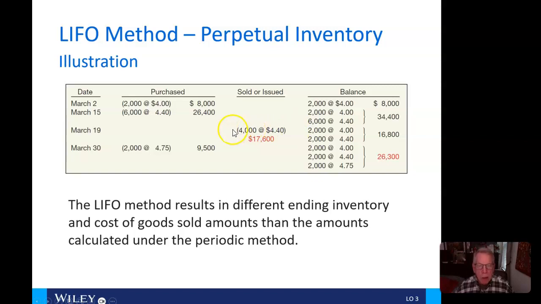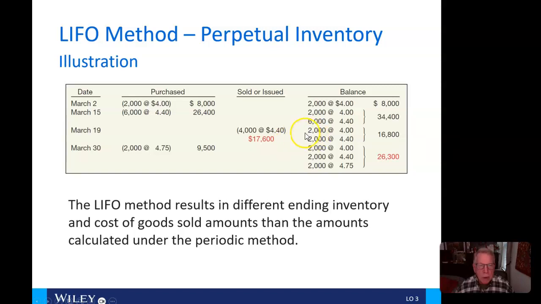But now when we sell these 4,000 units, we're going to sell from the bottom up. So we'll take all of that 4,000 units from the 6,000 units I'm showing you here, all at $4.40. That gives us cost of goods sold of $17,600.